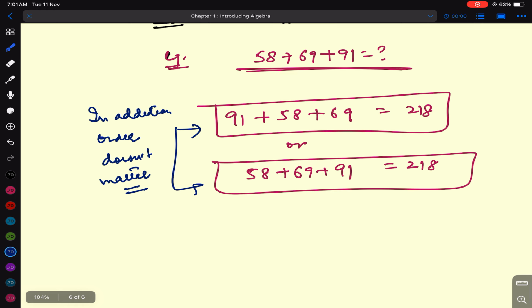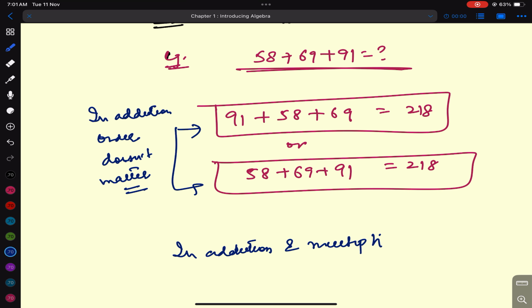So in both addition and multiplication, these are the operations where the order doesn't matter.